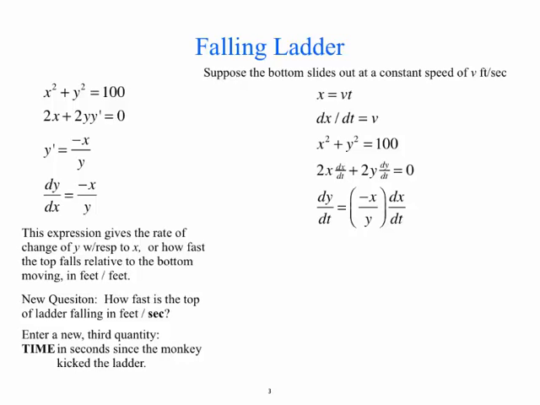Well, that's how fast the distance y is changing with respect to time. So that is related to how fast the ladder is moving out, or that distance from the wall is increasing with respect to time.